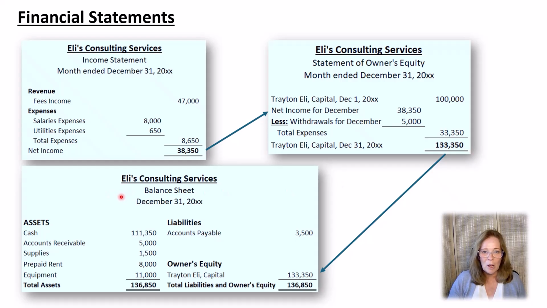We first list out all of our assets: cash, $111,350, accounts receivable, $5,000, supplies, $1,500, prepaid rent, $8,000, equipment, $11,000, for a total of $136,850. List our liabilities on the right side, starting with accounts payable for $3,500.